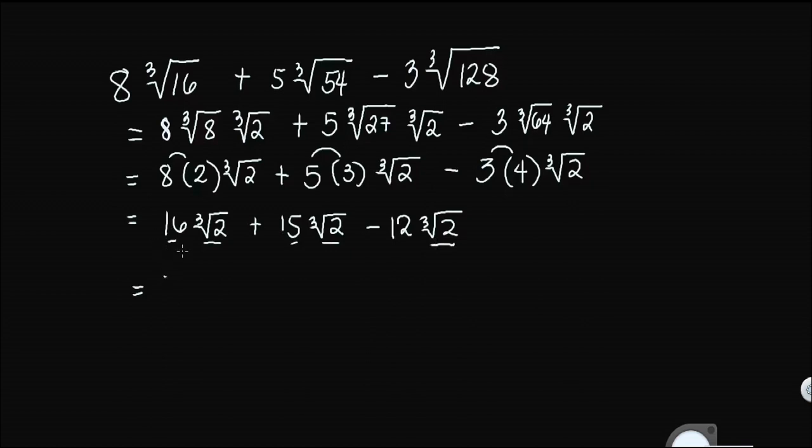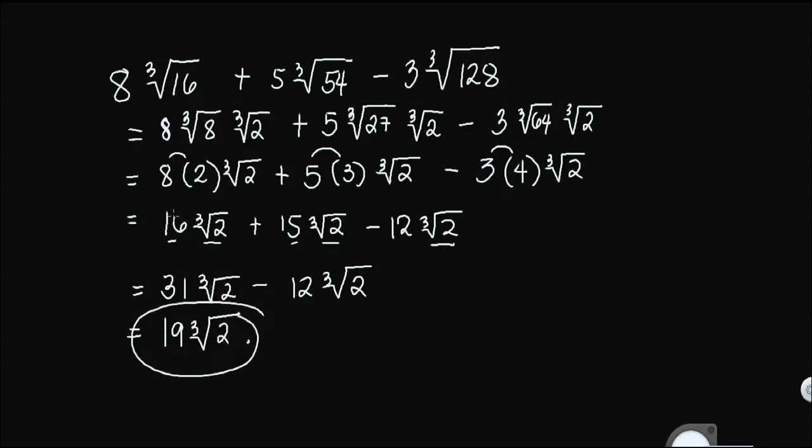So 16 plus 15, I think that is 31. 31 cube root of 2, then ang natira ay 12, negative 12 cube root of 2. So 31 minus 12 is 19 cube root of 2. Okay, and that will be the final solution for this given example.